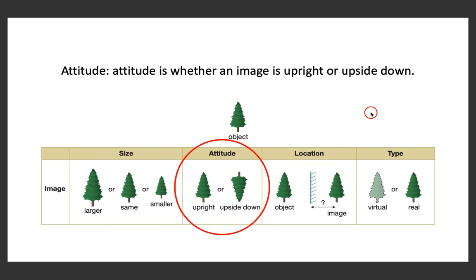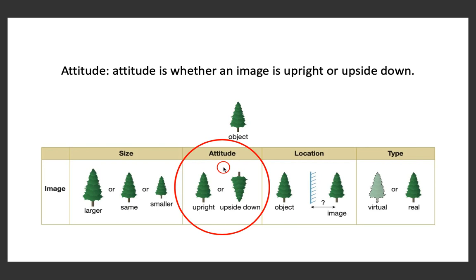From your everyday experience of looking at your own reflection in a regular flat mirror, you would find that your image is upright. You would also find that the size is the same, not larger or smaller than the original object.